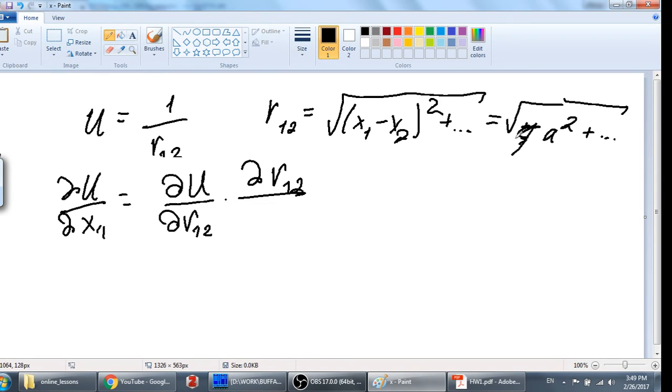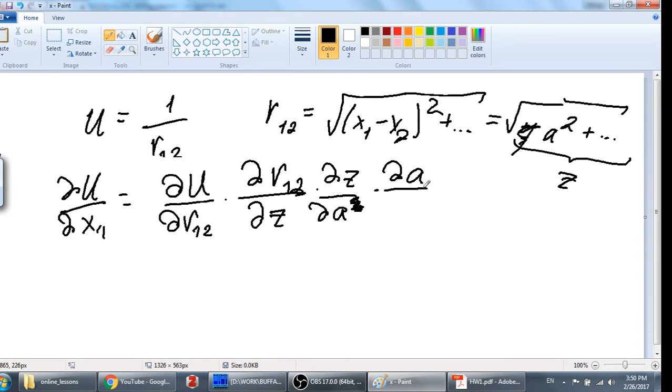Maybe we can also introduce another function which is under the square root. Let's call it z. So then we do dr12 over dz, and then dz with respect to a, and then da with respect to x1.